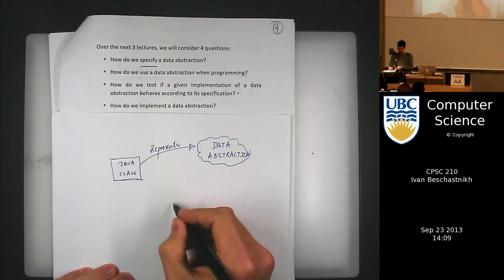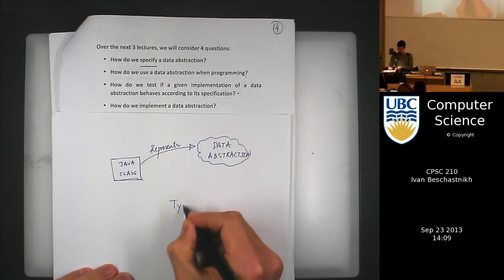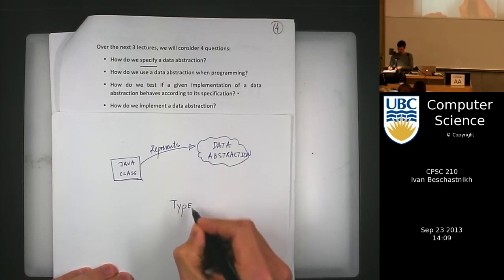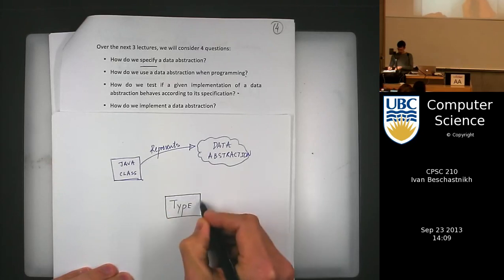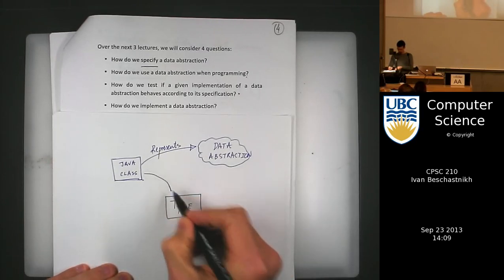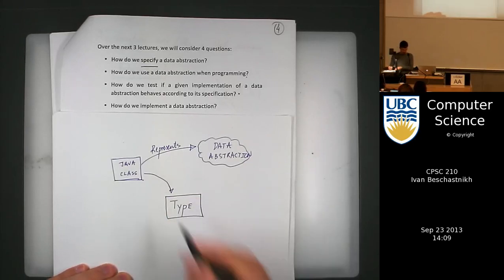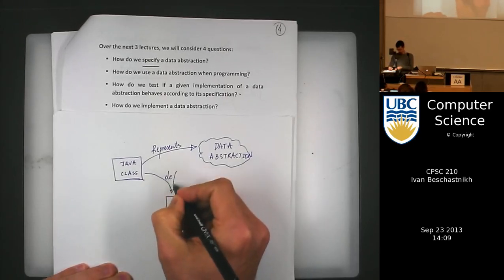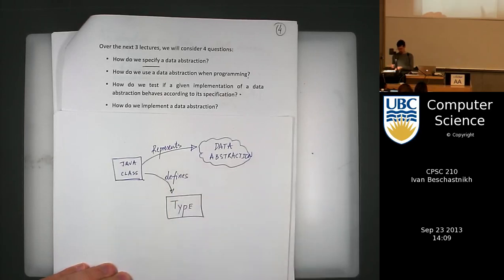Then we have these other things called types. A type is something that a class defines. Every time you're creating a new class in your Java project, you are defining a new data type.